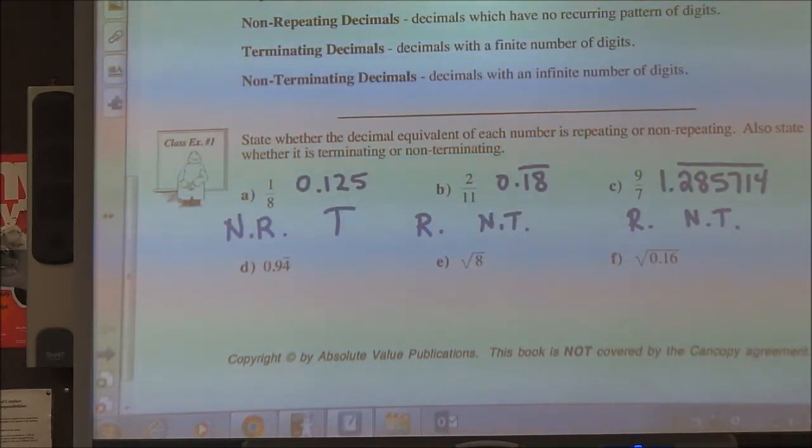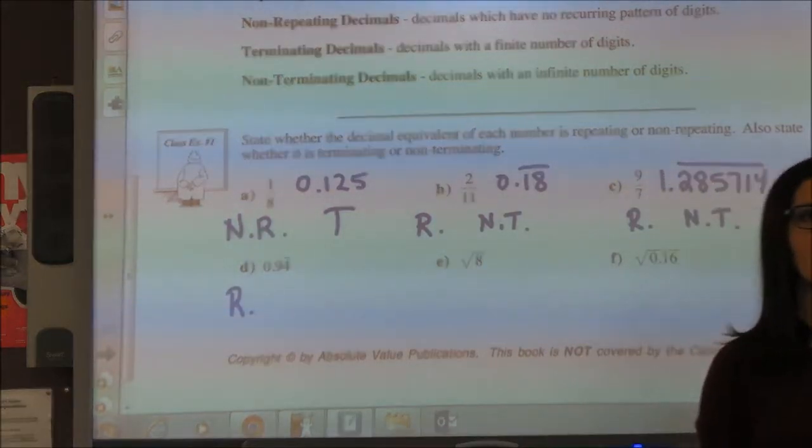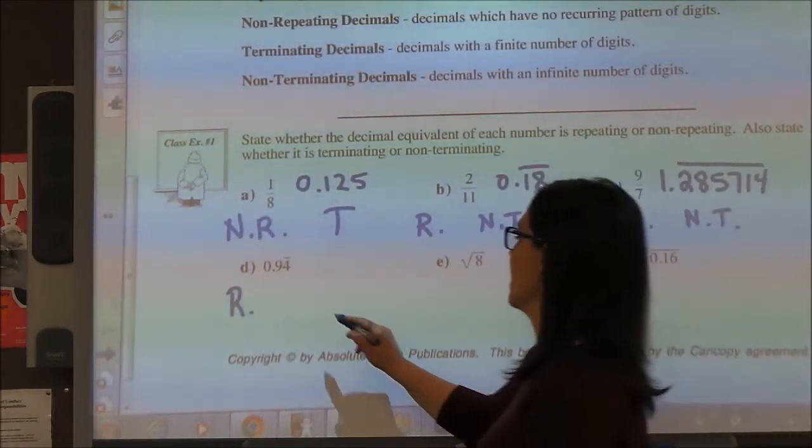With D I have 0.94 repeating. Which part repeats? Just the 4, because the line is only over the 4. So when we described it, it's repeating. And does it terminate? No, so it's non-terminating.